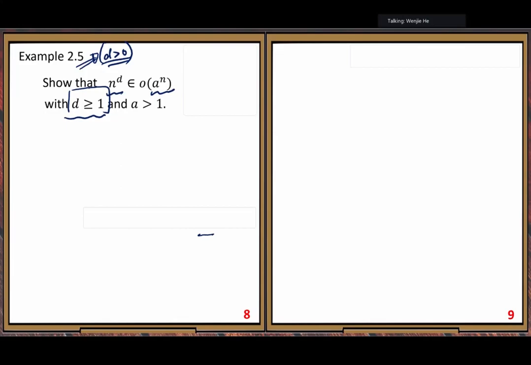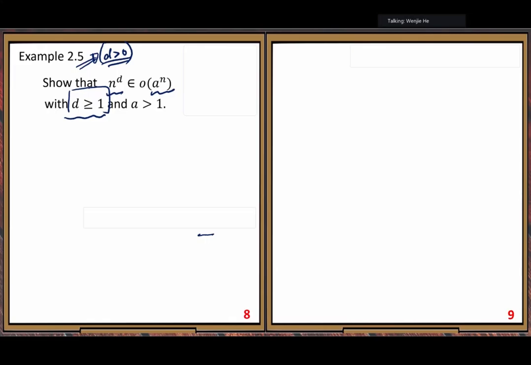So our first case is we assume d is a positive integer. If d is a positive integer, then when we take the derivative, it's very simple. That's the reason we want to make d a positive integer.